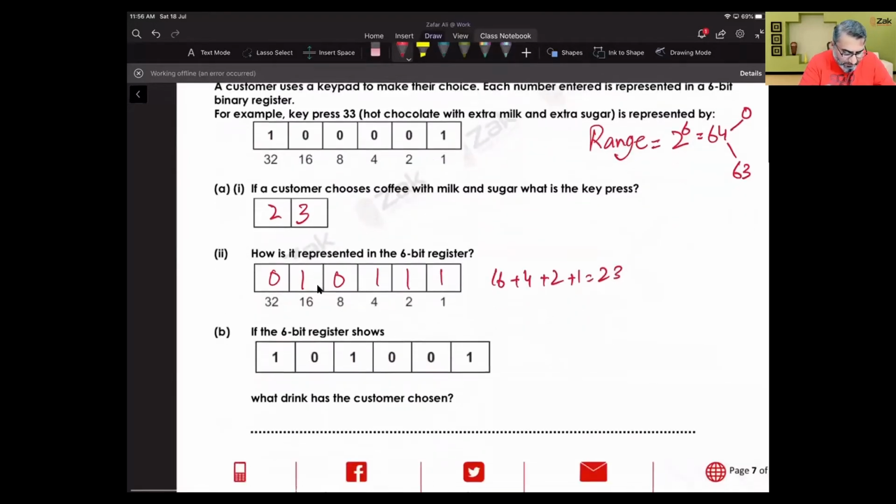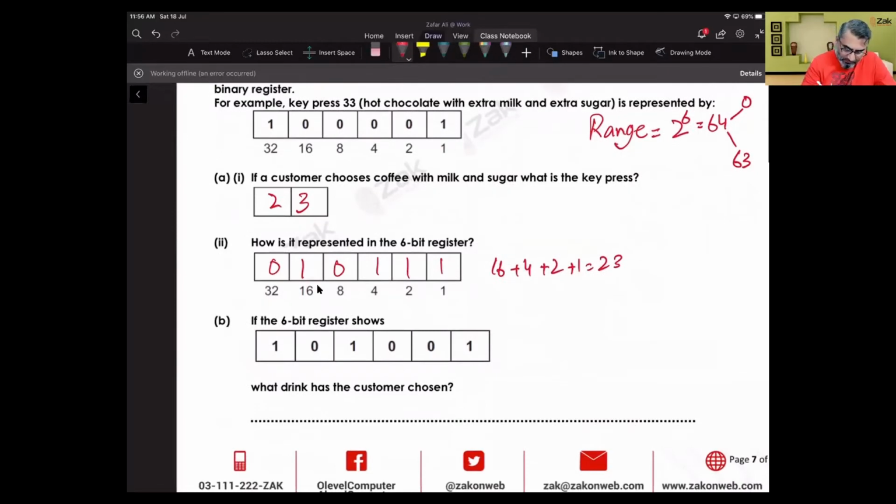If the register shows this, what is this? 1, 0, 1, 0, 0, 1 means 1, 2, 4, 8, 16 and 32. So this is 32 plus 8, 40, plus 1. This is 41.